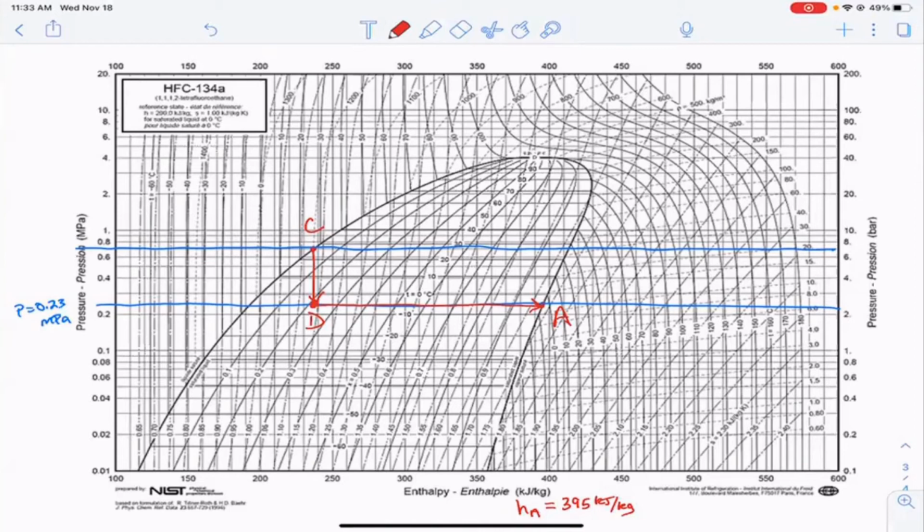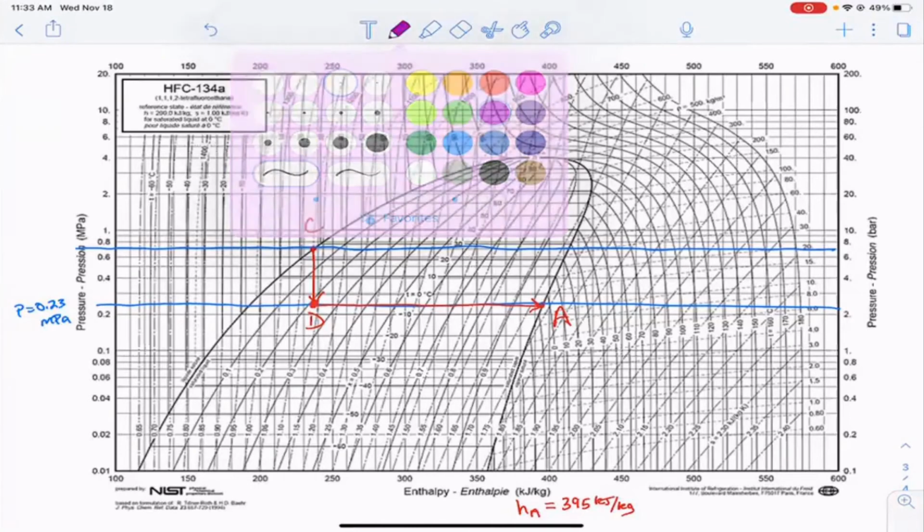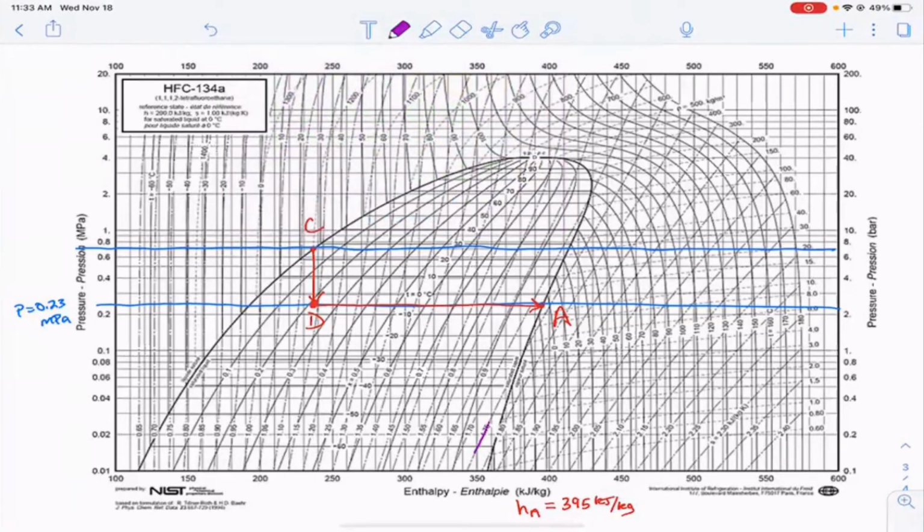And so what I've done then is at A, I'm going to read off the entropy. And to do that, let's look and see where the lines of constant entropy are. So here's the first line of constant entropy here, right? And actually I drew that a little too straight. So yeah, here's one of them, and here's the other one.